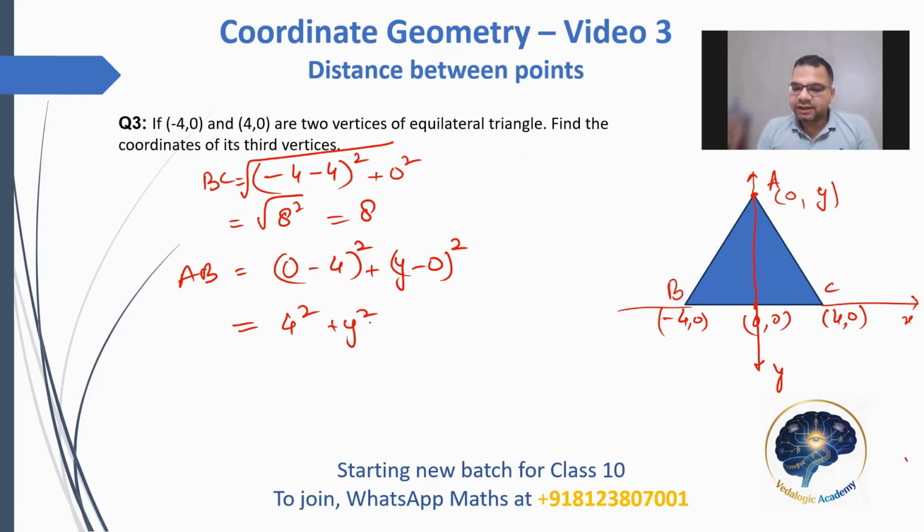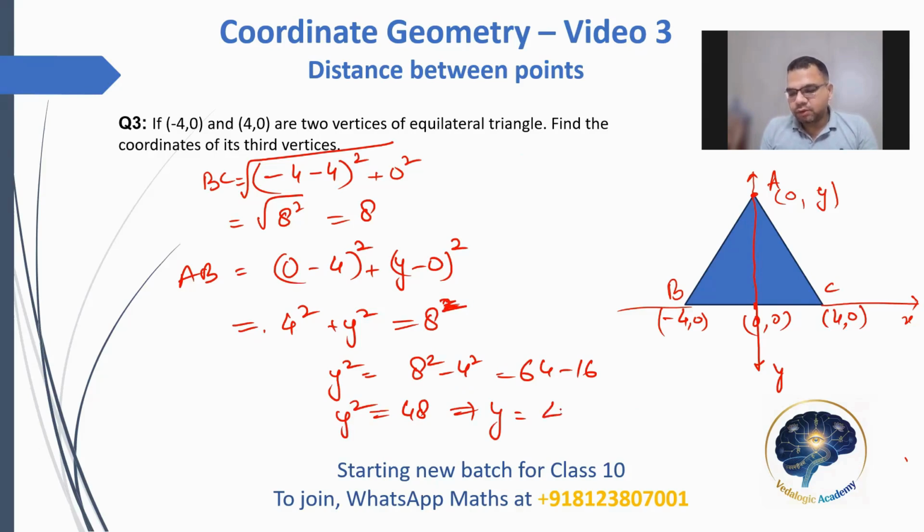And since it's an equilateral triangle, we'll have AB equals BC. So therefore, I can say this is 8 square. So therefore, y square becomes 8 square minus 4 square. So that is 64 minus 16, which becomes 48. Therefore, y becomes 4 root 3.